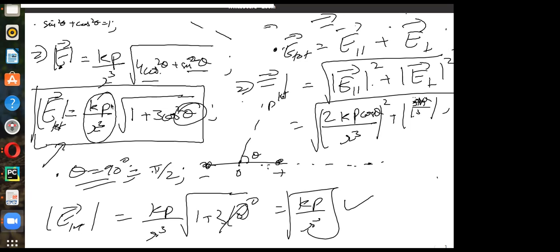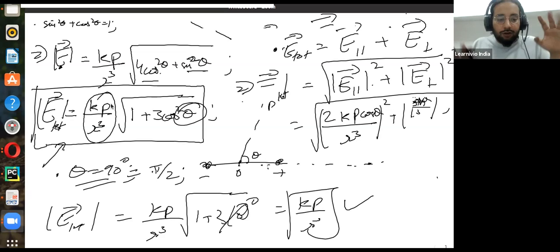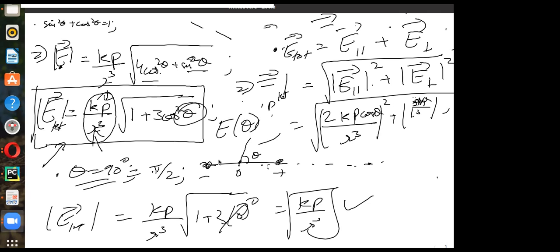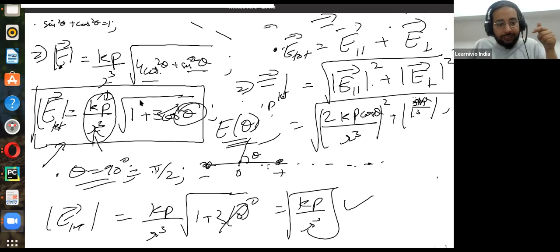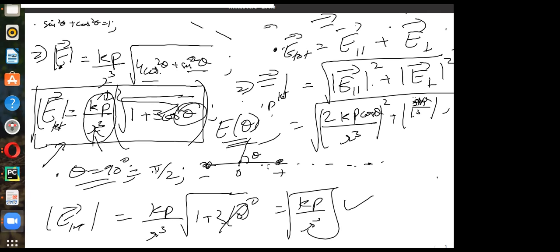Take some value of p, take some value of r, plot E as a function of theta. You'll see how this function looks. Let's actually just do that together.